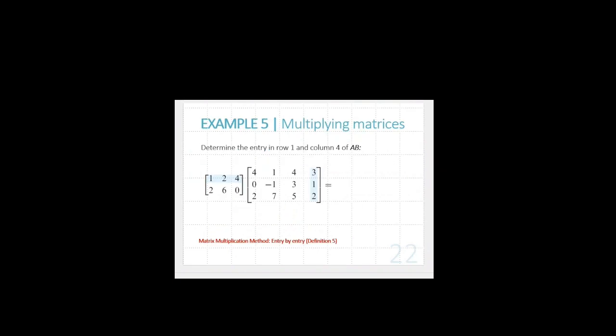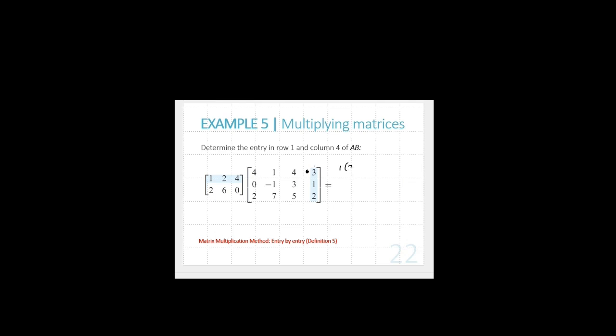So here we go. It says determine the entry in row 1 and column 4. So what would this one be? What would we need to multiply and add together? They want to know what is going to be this spot right here. It would go in this spot right here because it's row 1, column 4. But how would we find that particular entry number?